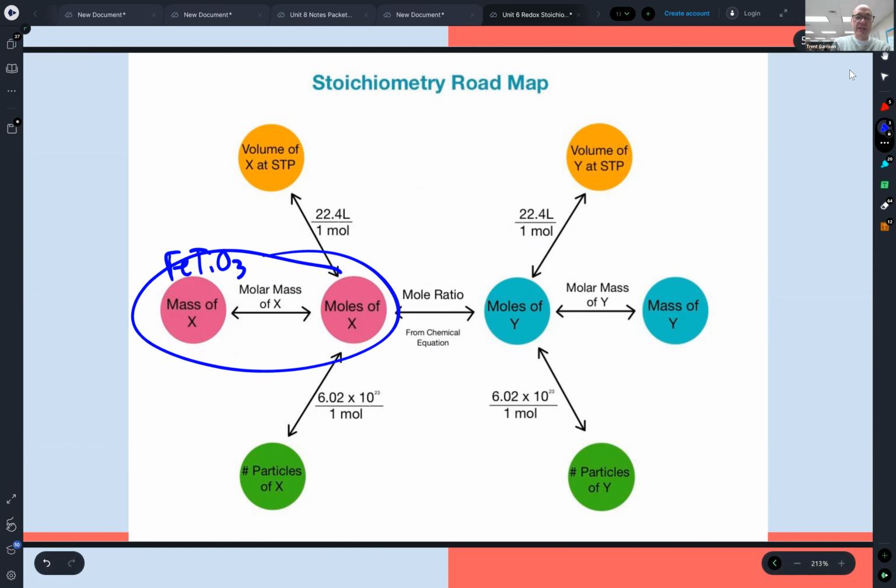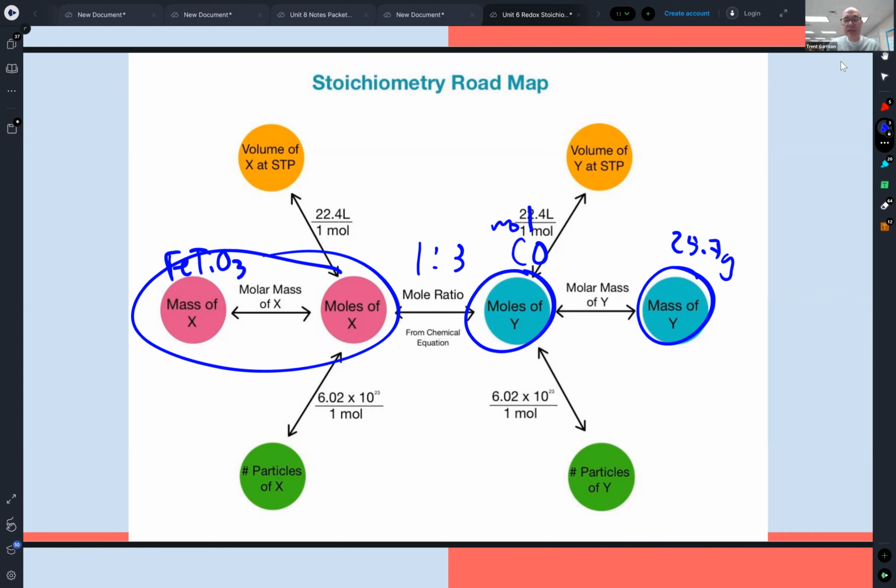This was step 1. Then we said that there was a 1 to 3 ratio. So we converted this into CO, moles of CO. And then I multiplied by the weight to turn this into the 25.7 grams of CO, my final answer.